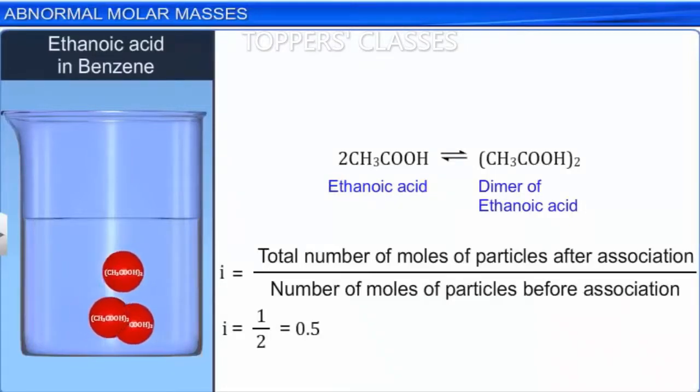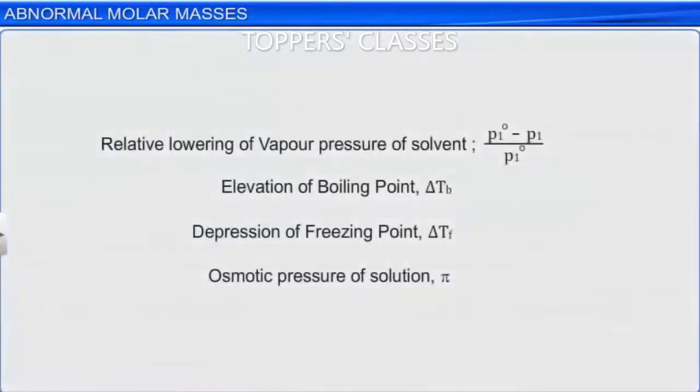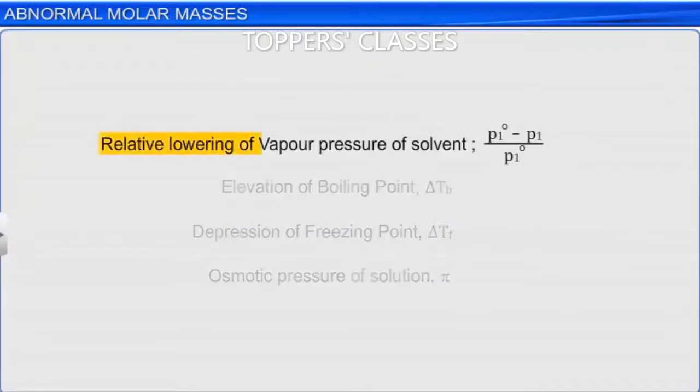The modified equations for colligative properties using the van 't Hoff's factor can therefore be written as follows. Relative lowering of the vapor pressure of solvent: (P1° − P1) divided by P1° is equal to i multiplied by n2 divided by n1.